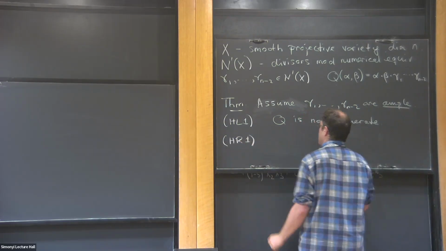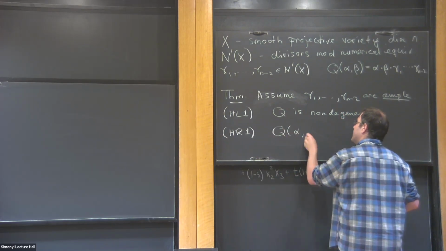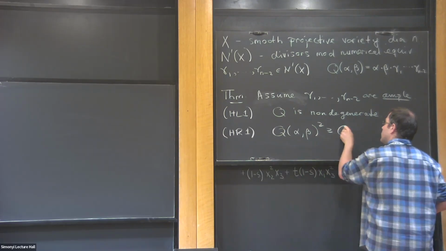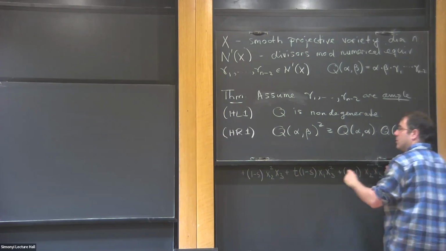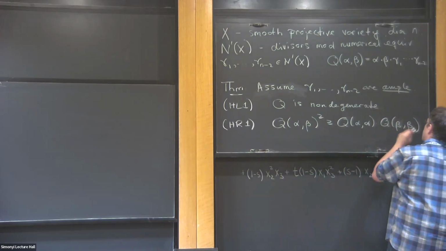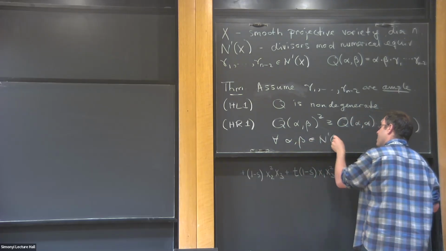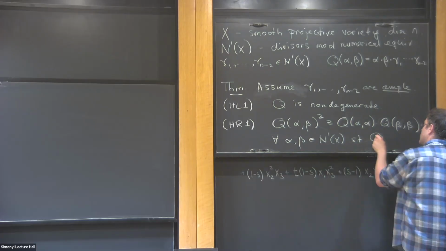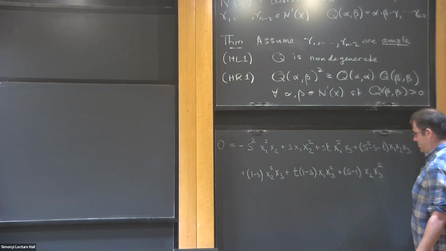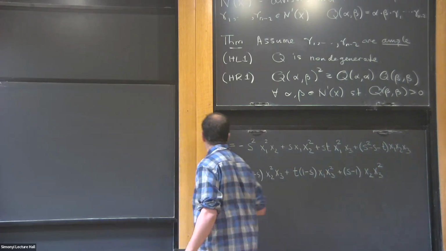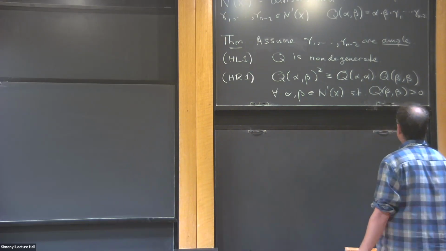Second, this quadratic form is log-concave, which means that Q(alpha, beta) squared is greater or equal to Q(alpha, alpha) times Q(beta, beta), for all divisors alpha and beta such that Q(beta, beta) is positive.